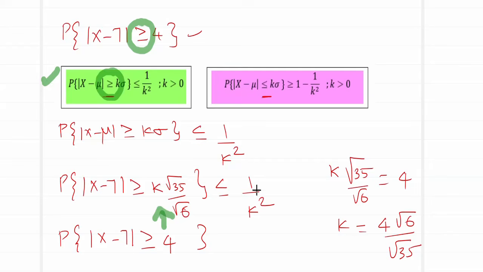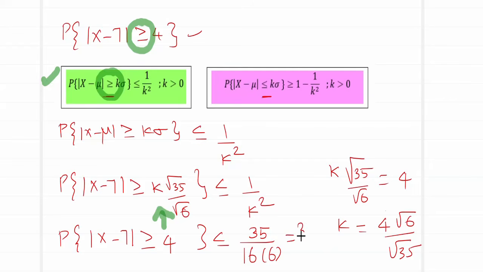What is there on our right hand side? It is 1 by k square. So when I square my k, this k square gives 4 square, which is 16, root 6 the whole square, so that makes it 6. And root 35 will go to my numerator, and root 35 the whole square makes it 35.